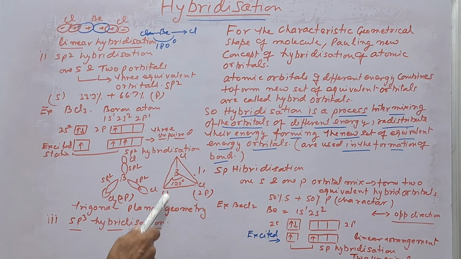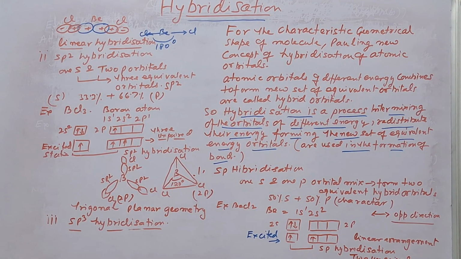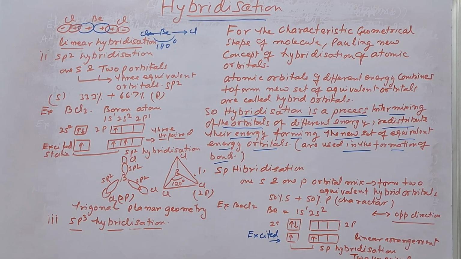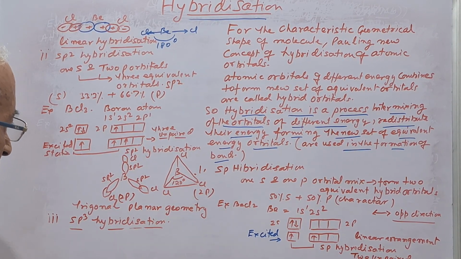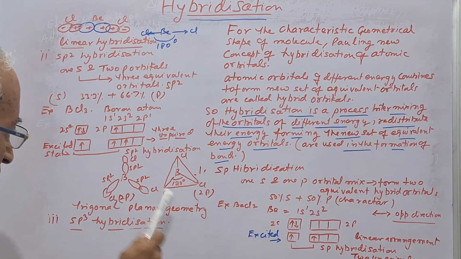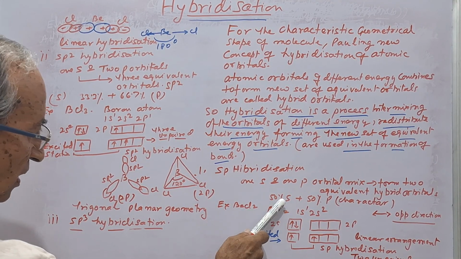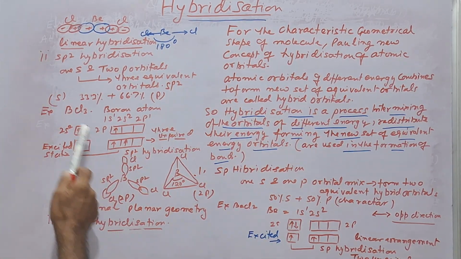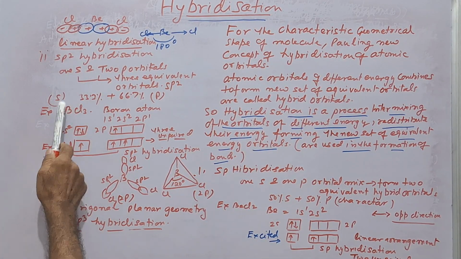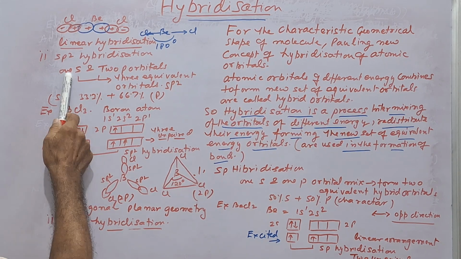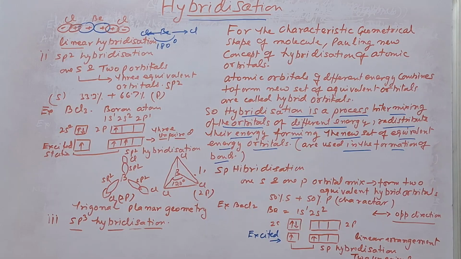Here we see the angle between the two chlorines is 120 degrees. So the angle between the chlorines is 120 degrees, and it is a trigonal planar geometry. So sp hybridization has character 50-50, and sp2, that is one s and two p, has character 33.3% s and 66.7% p.